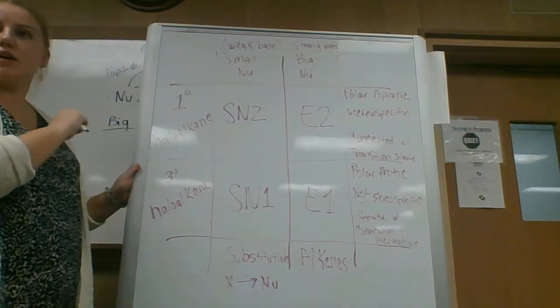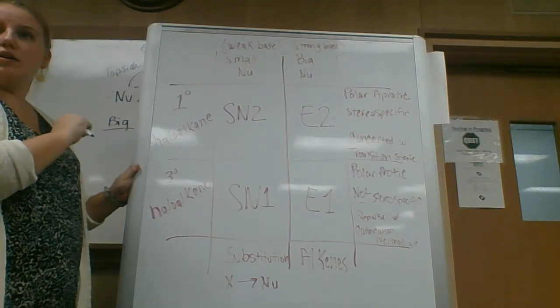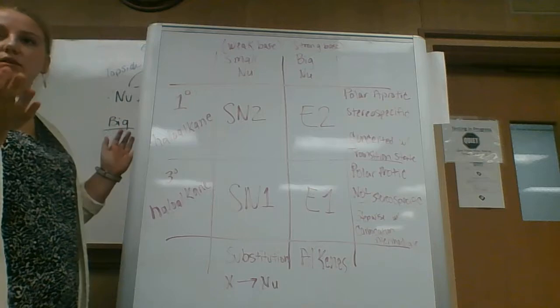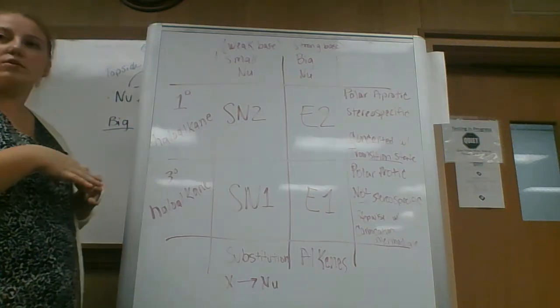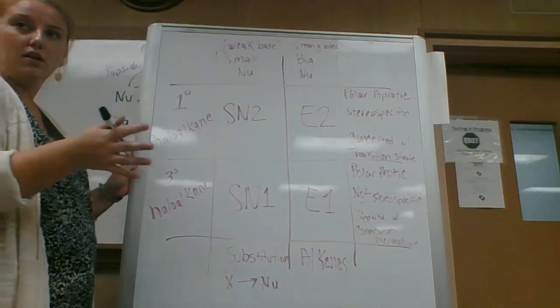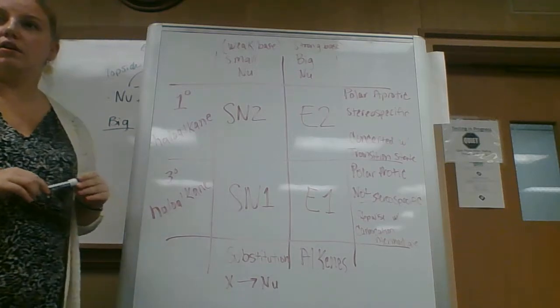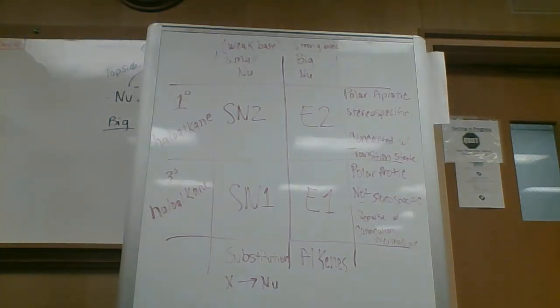How do we feel about E2 and SN2? Lots of similarities, right? All the hard stuff is similar. Now we're going to move on to where the hard stuff is not similar. Would E2 ever happen with a small nucleophile? Since it's on the edge?